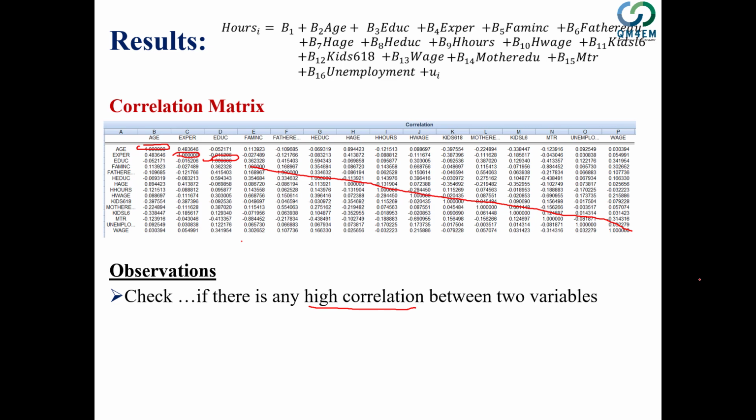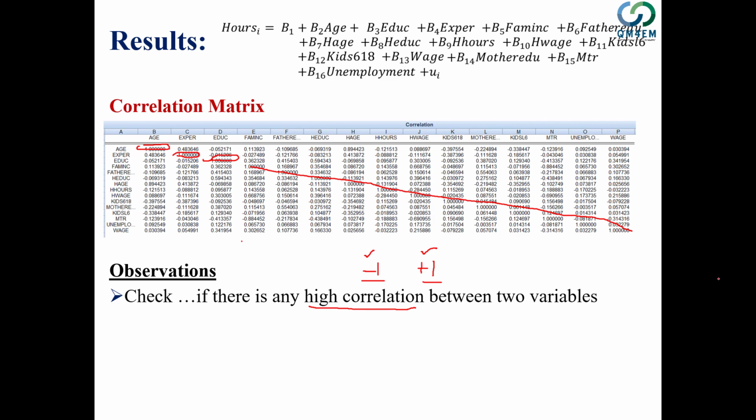For that you first need to know the possible values of the correlation. We already know that the correlation coefficient ranges between -1 and +1. -1 happens when two variables are perfectly negatively correlated, and +1 happens when two variables are perfectly positively correlated. So any value close to -1 or +1 is high correlation.